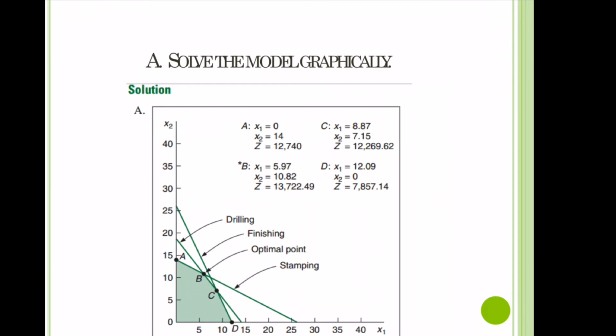Point B, which is the optimal point, is x sub 1 equals 5.97, x sub 2 equals 10.82, and Z equals 13,722.49. At point C, x sub 1 equals 8.87, x sub 2 equals 7.5, and Z equals $12,269.62. Point D, x sub 1 equals 12.9, x sub 2 equals 0, and Z equals $7,857.14.